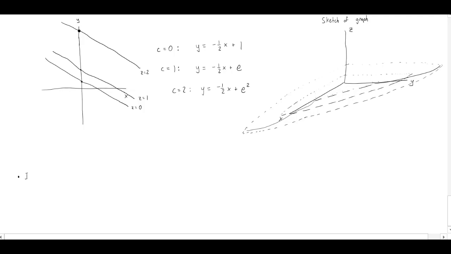Okay, so in contour maps, what we try and do is draw level curves more closely bunched to each other when the graph is really steep, meaning it's changing very rapidly. Okay.